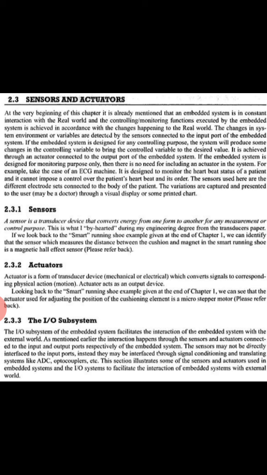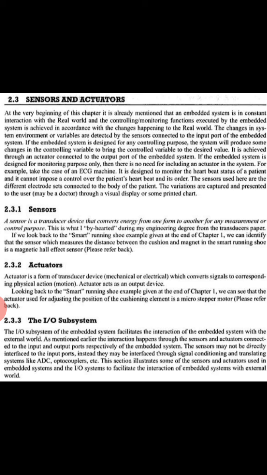The I/O subsystems are nothing but the input and output subsystems. The I/O subsystem of the embedded system facilitates the interaction of the embedded system with the external world. As mentioned earlier, the interaction happens through a sensor and actuator connected to the input and output port respectively of the embedded system.